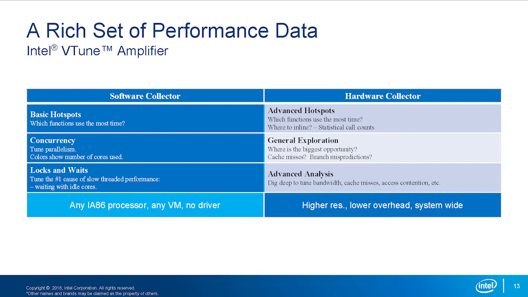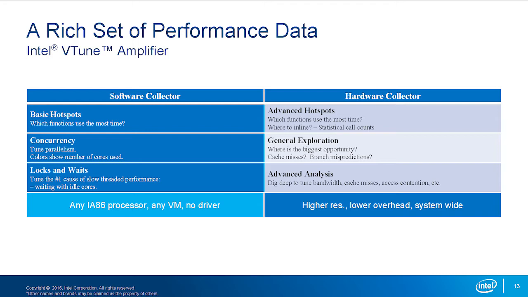The hardware collector, on the other hand, collects advanced hotspot information, which includes, in addition to the basic hotspot information, statistical call counts. And that, again, is useful for identifying function calls that could be inline to improve performance.